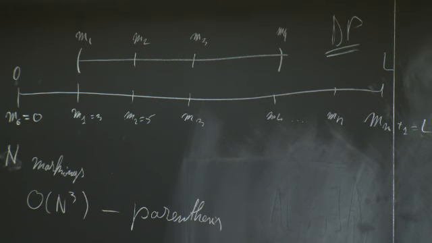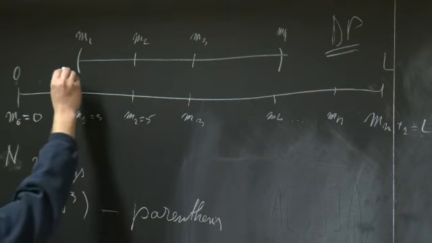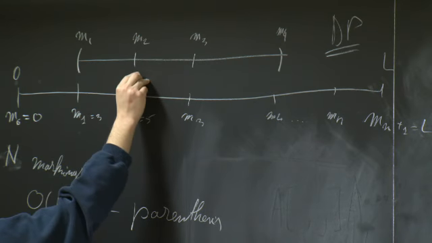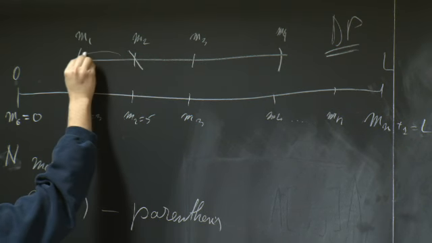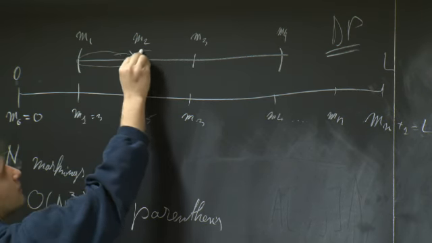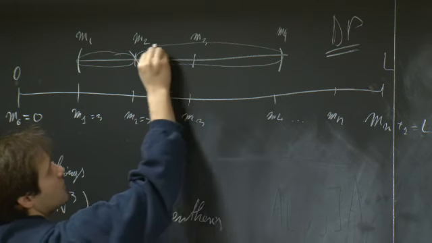What are my options? The locations you can cut it. Exactly. So in order to cut this up, I can either make a first cut at M2, and then recursively cut this and cut this.